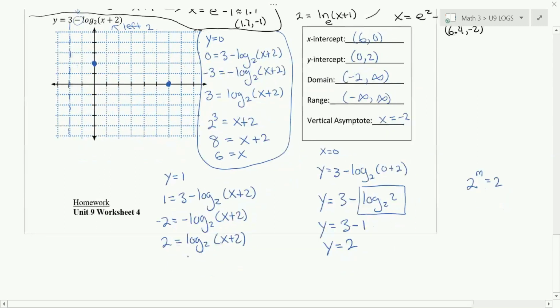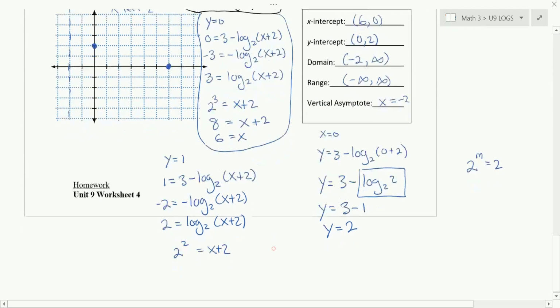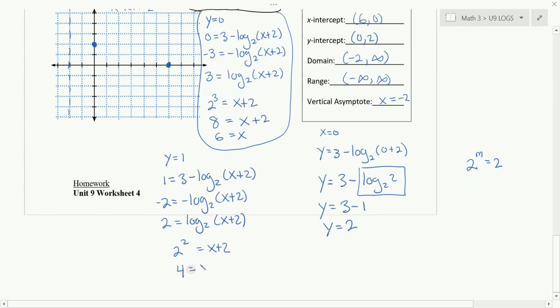So when we plug in a 1, we're going to get 2 squared is equal to x plus 2. So x is going to equal 2.